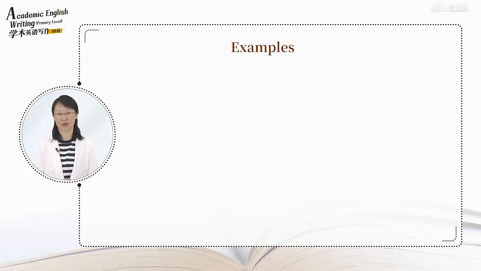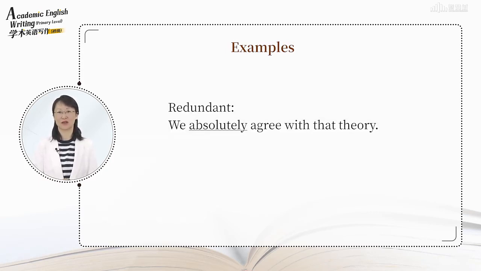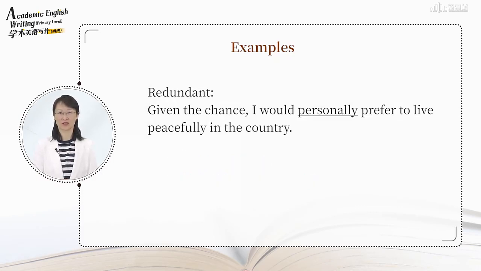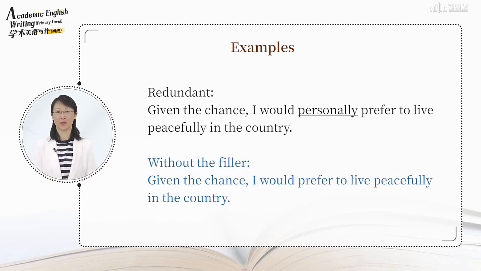Here are 3 examples. In the first sentence, instead of writing, "We absolutely agree with that theory," we can just write, "We agree with that theory," without the adverb absolutely. In the second sentence, given the chance, I would personally prefer to live peacefully in the country. The adverb personally can be removed without losing any meaning.